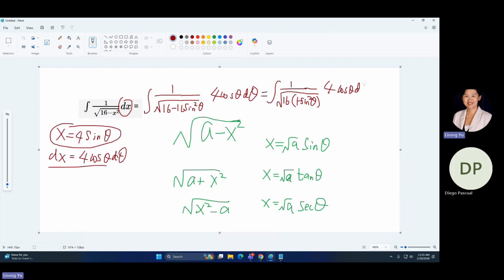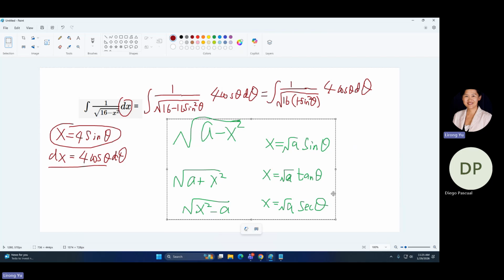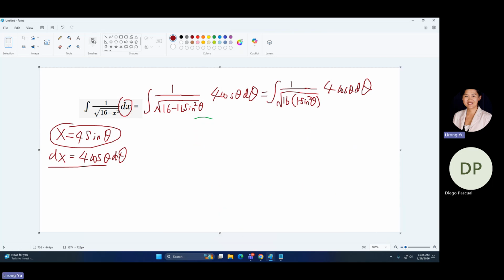Now we copy. So this is equal to the integration, which is still there. We're not integrating yet, we're simplifying. Root of 16 is 4. So this is 4, and there's a root of cosine squared theta, because 1 minus sine squared equals cosine squared. And over here we have 4 cosine theta.